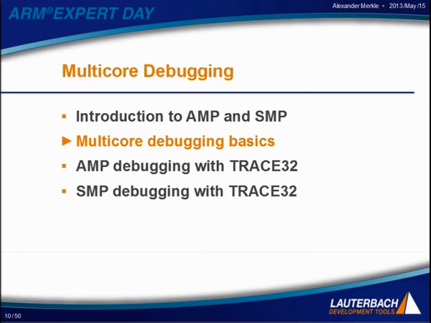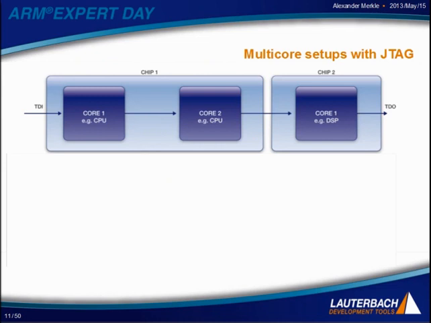Okay, this was it for the AMP and SMP introduction. Let's talk about debugging itself. On a printed circuit board, you can populate multiple chips. I've done this here for you. I've got a chip on the left-hand side, and on the right-hand side, another chip. Both chips are shown in light blue.